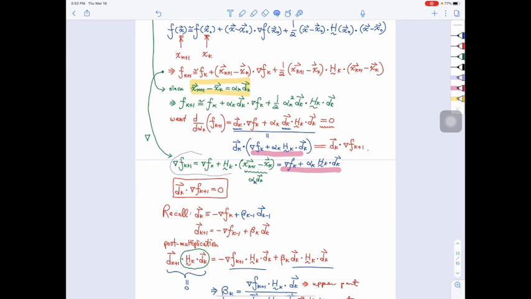Beta_k equals gradient f_{k+1} dot gradient f_{k+1} over gradient f_k dot gradient f_k. Or when we need beta_{k-1}, our equation is gradient f, just minus all the index by 1.